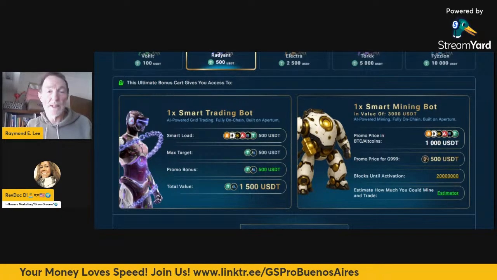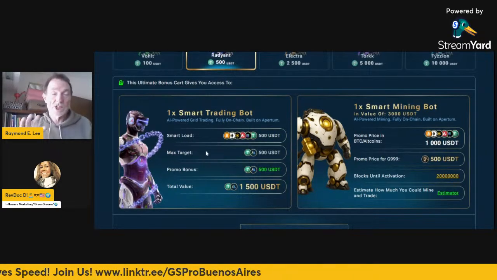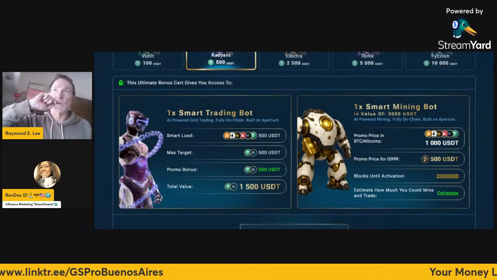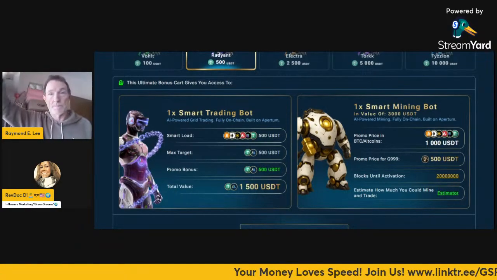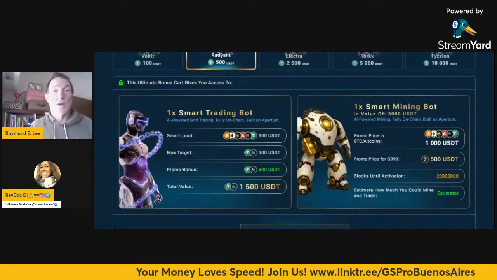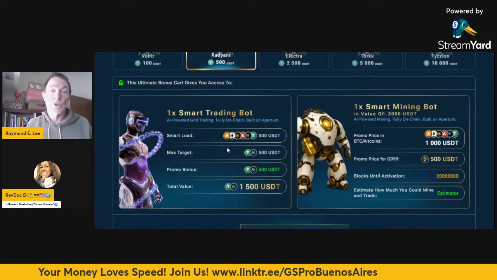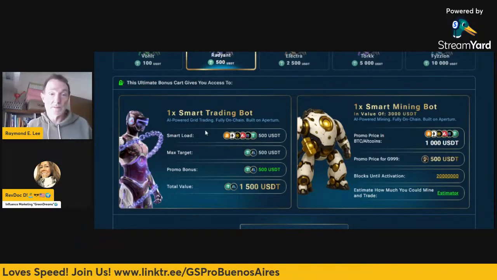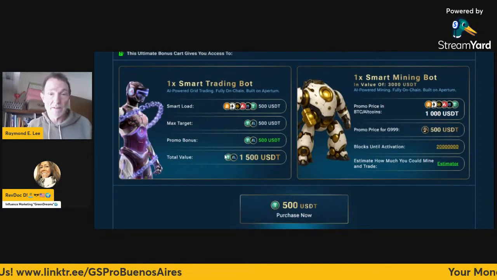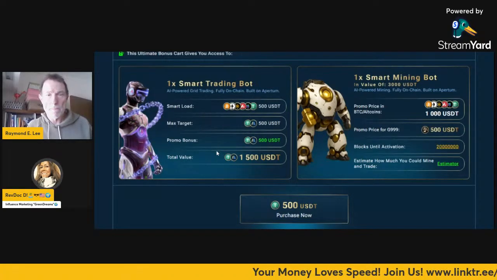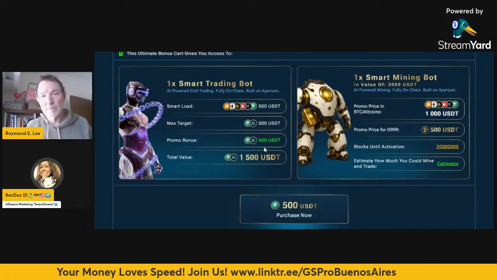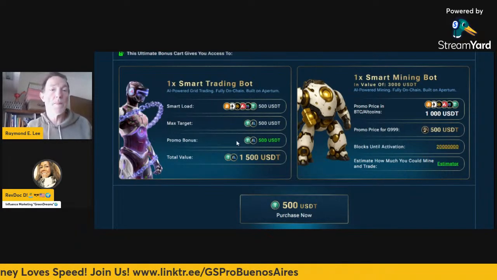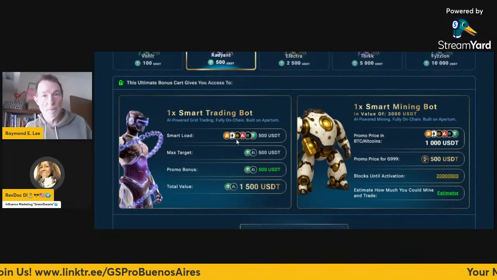The chain trading bot works between blockchains, shifting value up and down. So that 1,000 USDT comes back at 1,500 within a period of time. Exactly. I'm not sure when that is. Okay, so whenever they reach that goal.